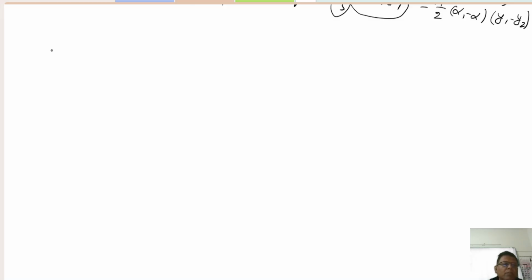We are having one parabola, that is y square is equal to 4x, and the line is x plus y is equal to 3.